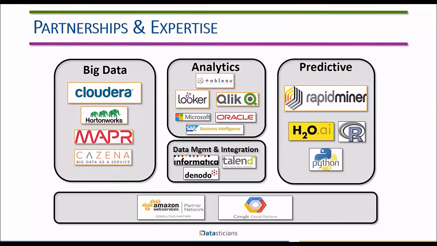So our partnerships and expertise, just to give you a sense from this slide, show the different types of technologies we cover. As you can see in the predictive domain, we're really heavily partnered with RapidMiner. We see it as a very important part of the ecosystem for predictive analytics, with both R and Python in the mix as well.